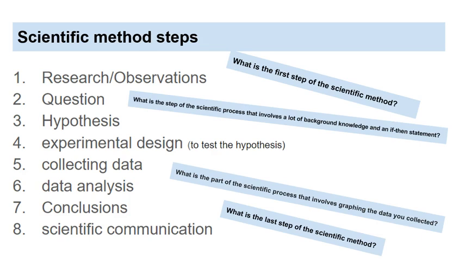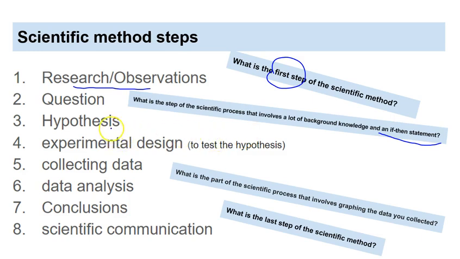So one more time, make sure you know the first step of the scientific method is research and observation, and then the hypothesis is a scientific guess, during which you make an if-then statement.